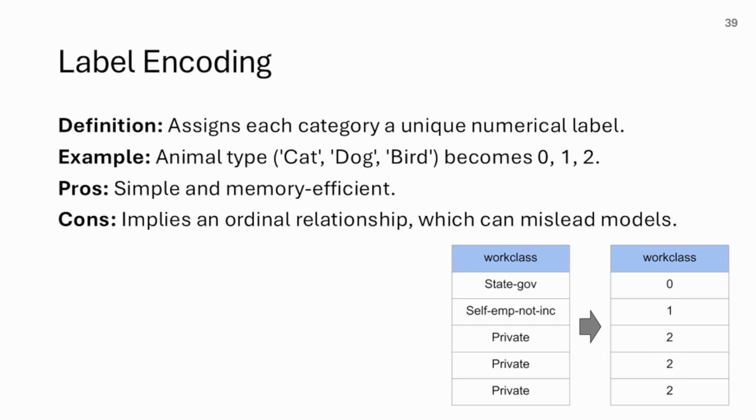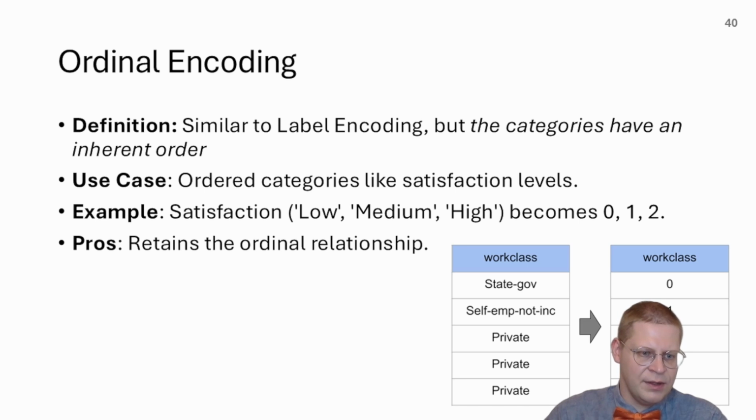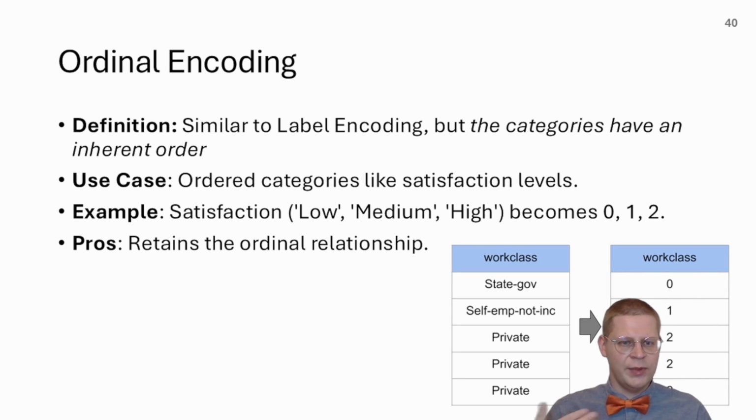Keep this in mind. And as I mentioned, ordinal encoding. This can bring us to the label encoding, but with the categories within the order, like satisfaction: low, medium, high, 0, 1, 2, because low is less than medium and high is more than medium.